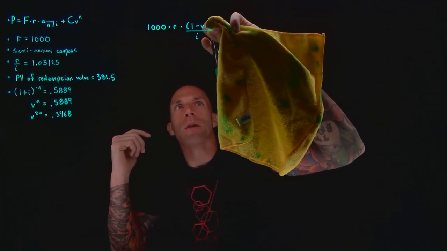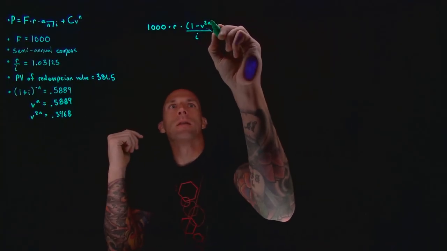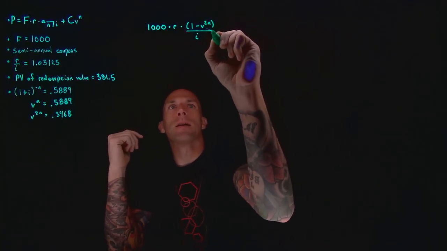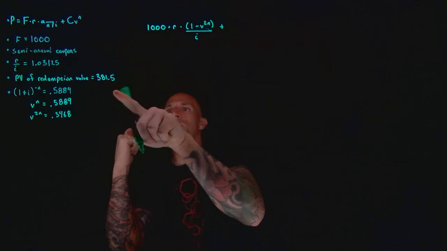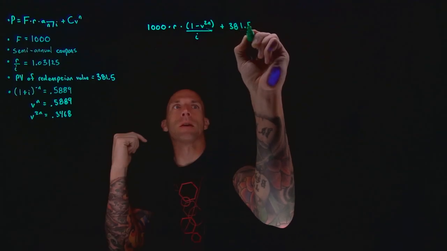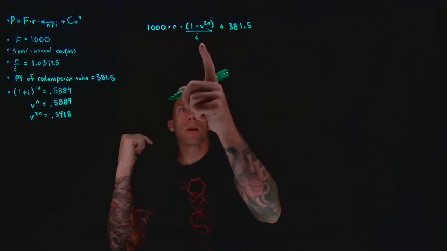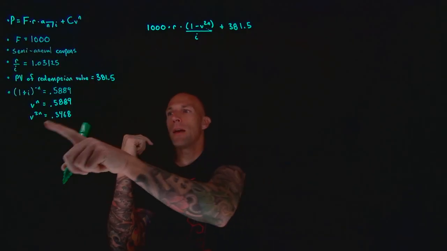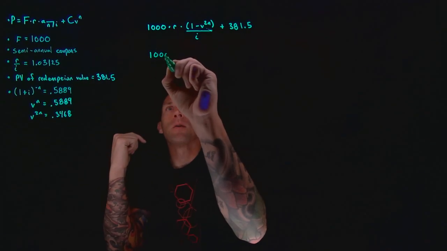So instead of v to the n, we're going to do v to the 2n. Plus, present value of the redemption would be, well, it was given to us. So it is 381.5. Now we can plug in values for R over I and for v to the 2n, and that should do it.